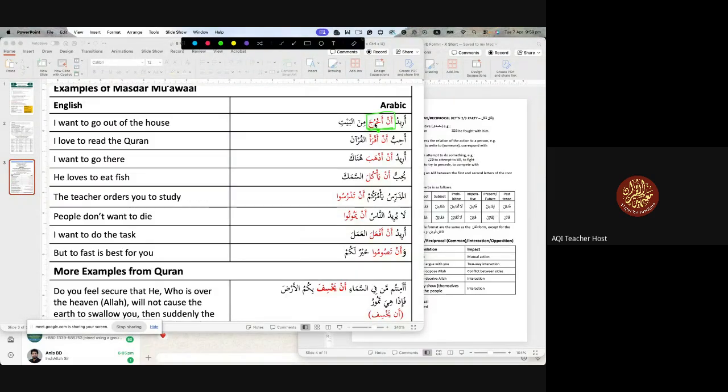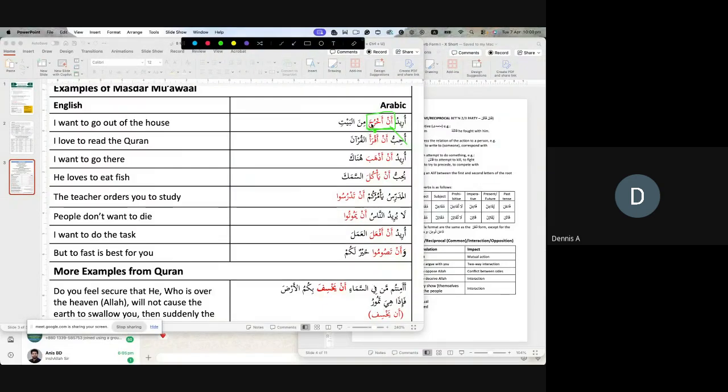But when an akhruja comes, it is actually akhruju by default. Because an is a harf nasib, a particle that makes the mudari mansub, akhruju has become akhruja.